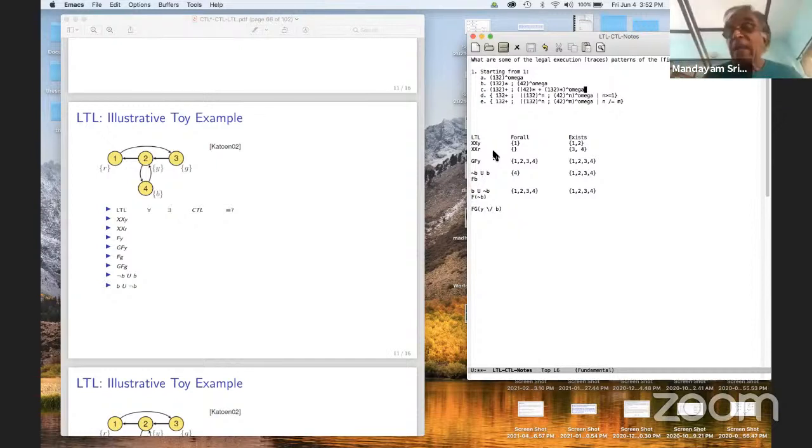Because I sometimes get this thing. When I say these infinite paths are of this kind, and I always end up having a prefix and a tail, which is some finite pattern repeating itself, some of my students immediately ask, why not? Why can't I have this kind of pattern?